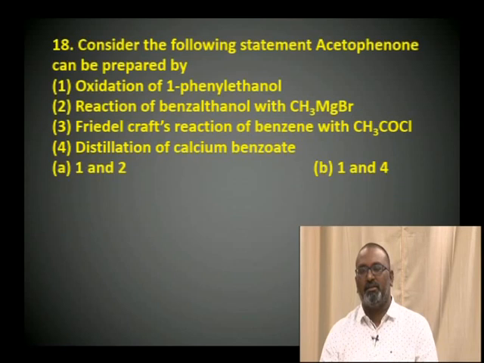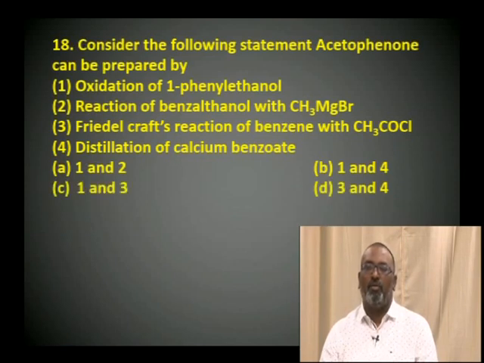Options are given as A, 1 and 2, that is, oxidation of 1-phenylethanol and reaction of benzonitrile with methyl magnesium bromide, or 1 and 4, that is, oxidation of 1-phenylethanol or distillation of calcium benzoate, or 1 and 3, that is, oxidation of 1-phenylethanol and Friedel-Crafts reaction of benzene with CH3COCl, or 3 and 4, that is, Friedel-Crafts reaction of benzene with CH3COCl and distillation of calcium benzoate.